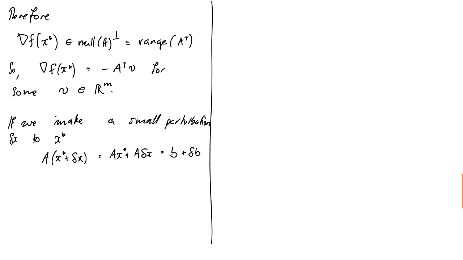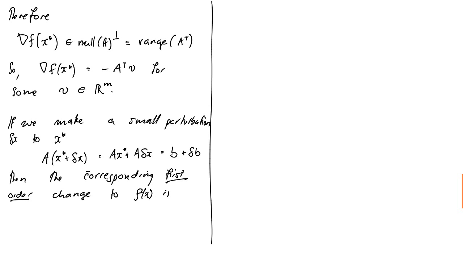So if we make that perturbation, then the corresponding first order, so it's like the linear approximation, change to f is delta f.